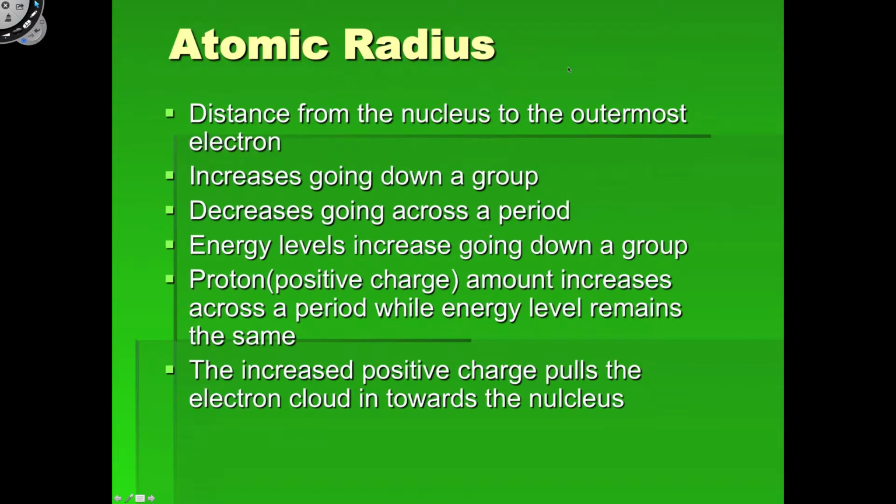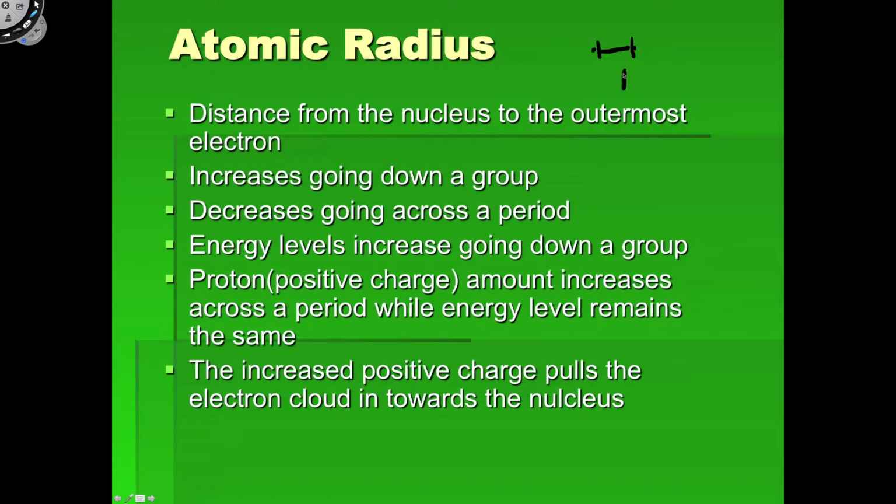The distance from the nucleus to the outermost electron is considered the radius, and the way that they do that is you have one atom's nucleus here, you have another atom's nucleus here, and they take the distance between those two values and cut it in half.